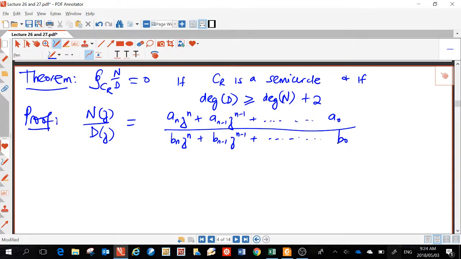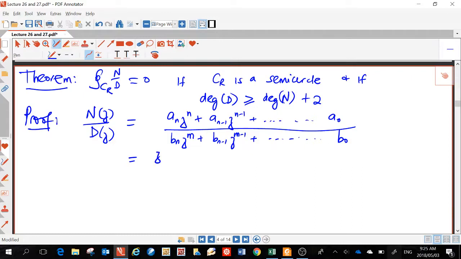Expand them as a Taylor series if you like, but they are polynomials. They have finite start and end. Then I pull out, well, they don't have to have the same order, right? This one has to have order 2 more. So let's just call it m.